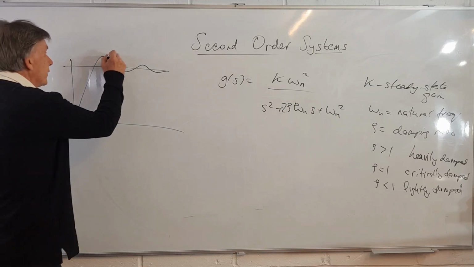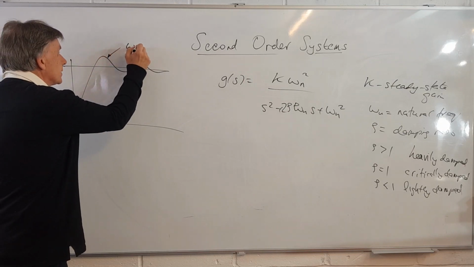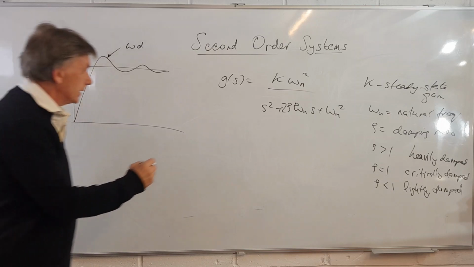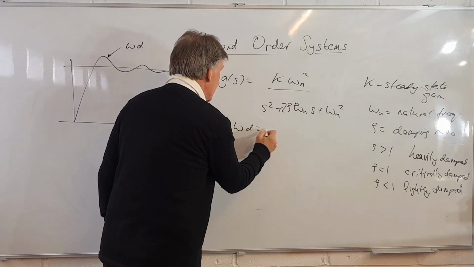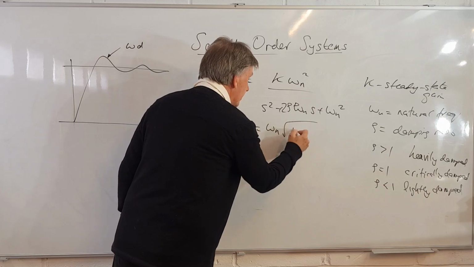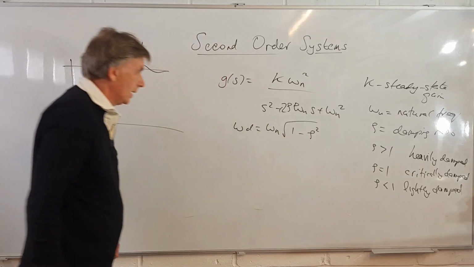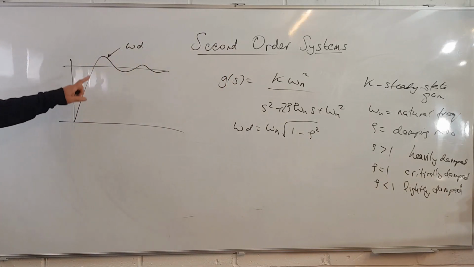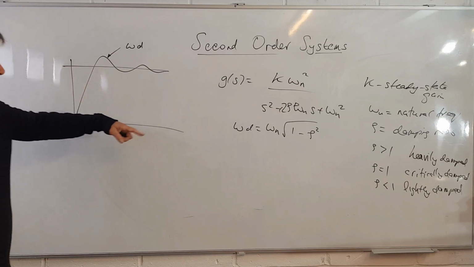The first one is the frequency of this response. This is called omega d, and omega d is omega n into the square root of 1 minus zeta squared. That's the damped frequency, which is a little bit lower than the natural frequency.